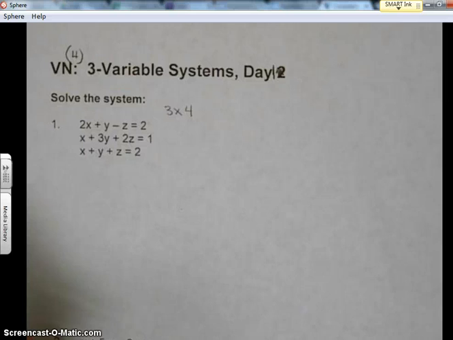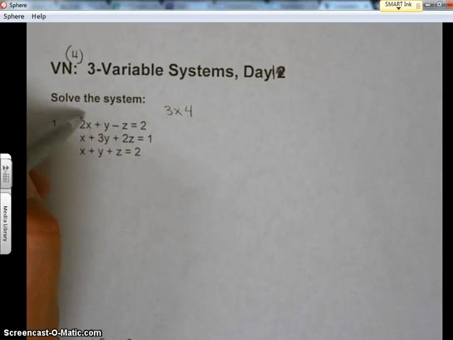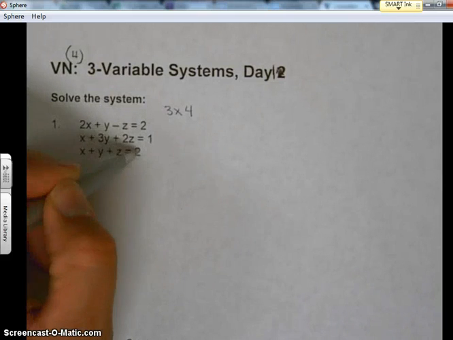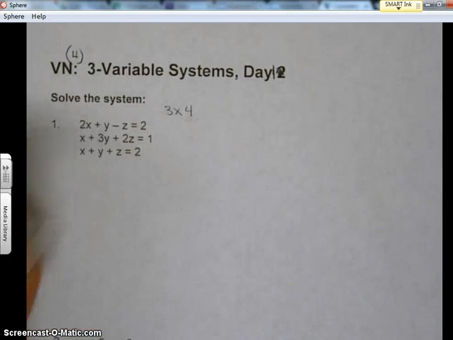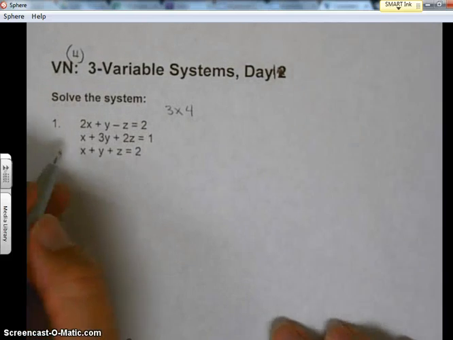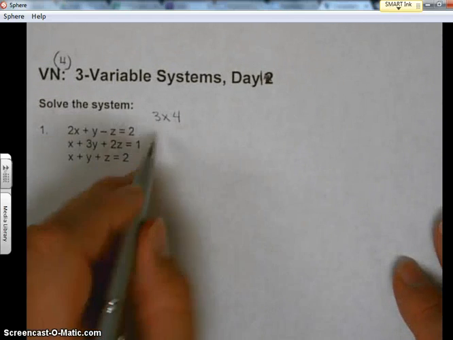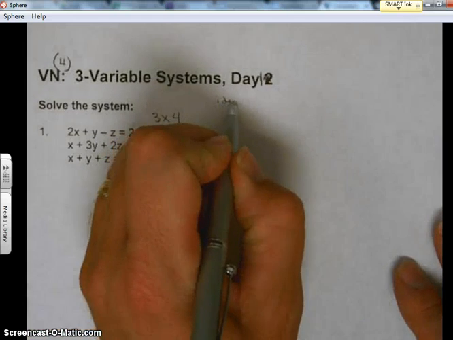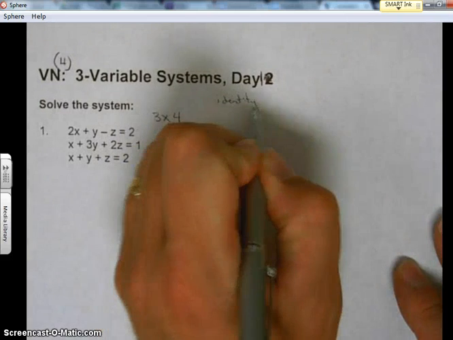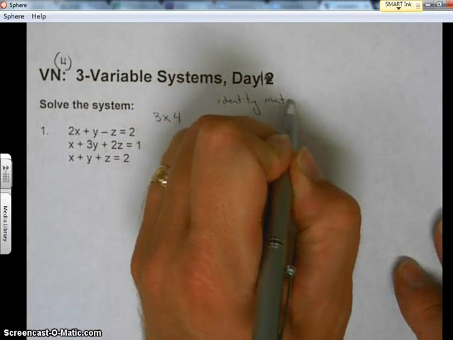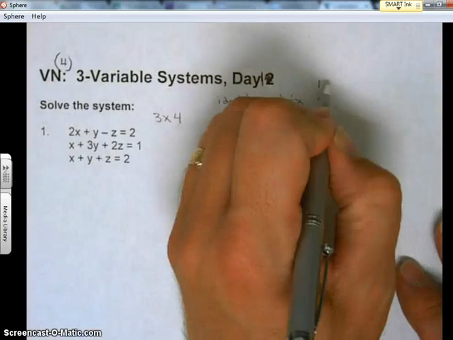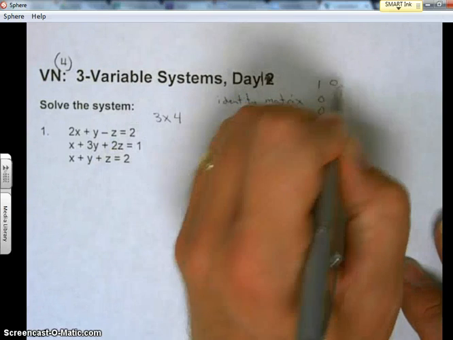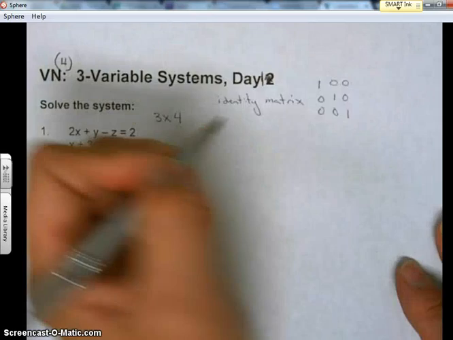So just like a two variable system, we need to make sure that our x's are lined up, our y's, our z's, then our equal signs, and then the constants on the end. So the identity matrix for a 3 by 4 matrix is going to look like this: 1 0 0 0 1 0 0 0 1.